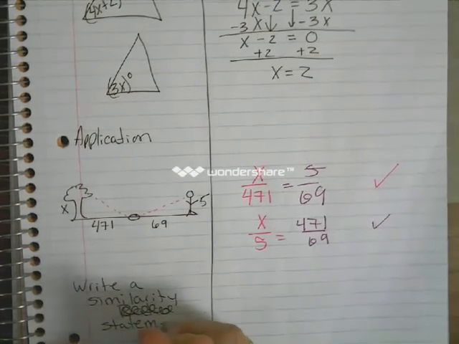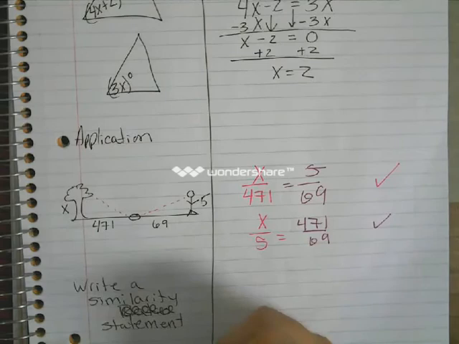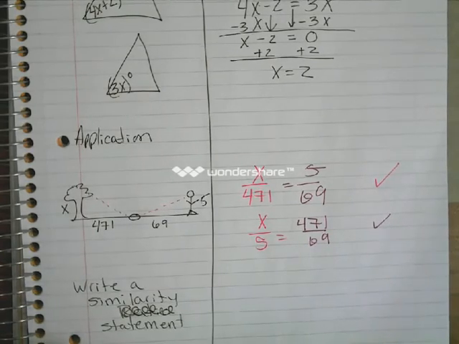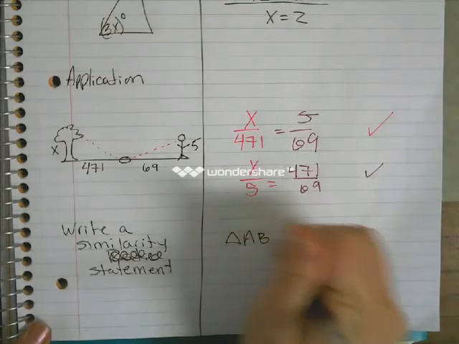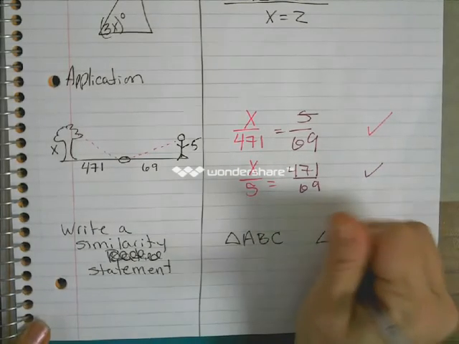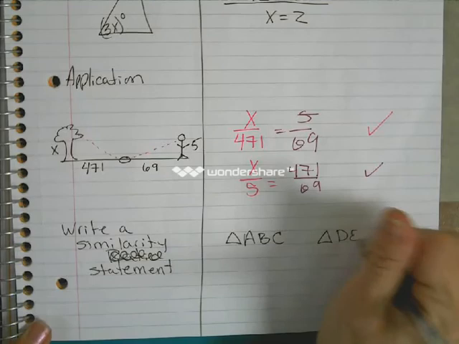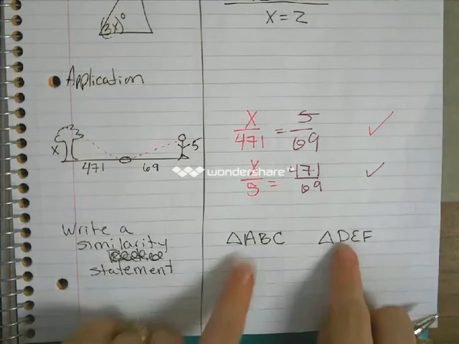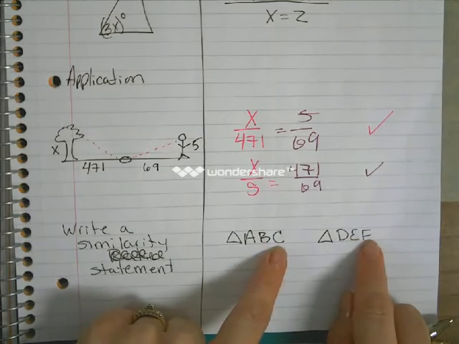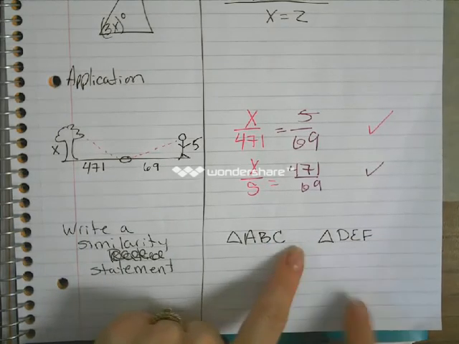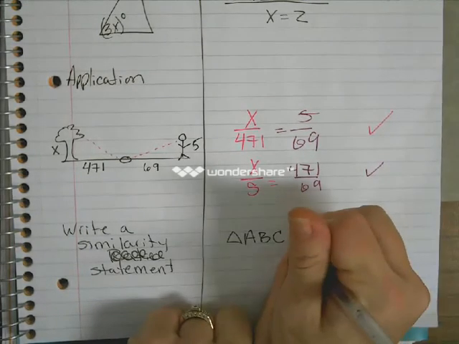Remember, when you're writing a congruent statement, the order of the letters is important. The order of the letters tells you that these two things correspond, those two things correspond, and those two things correspond. The only difference between a congruent statement and a similarity statement is the symbol in between. That is the symbol for similar. Okay? Other than that, that's it. 10-minute video, not too bad.